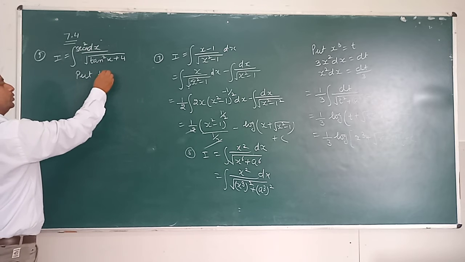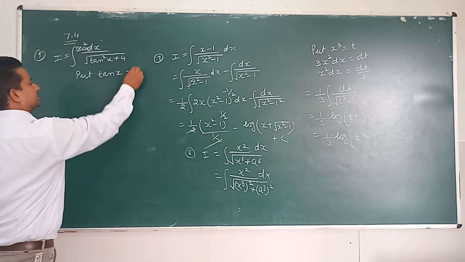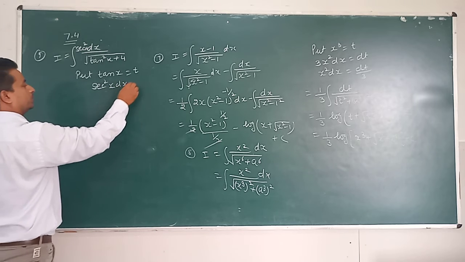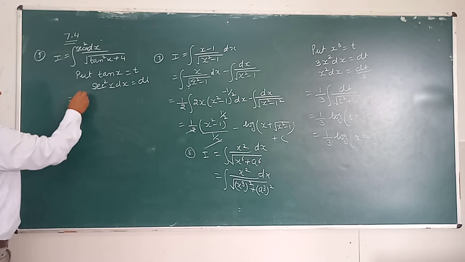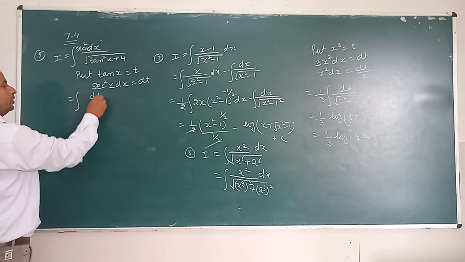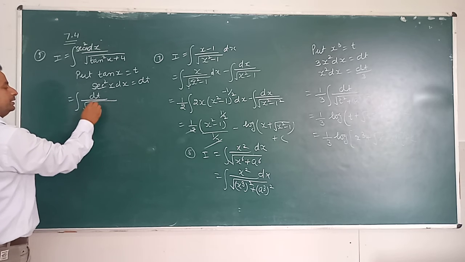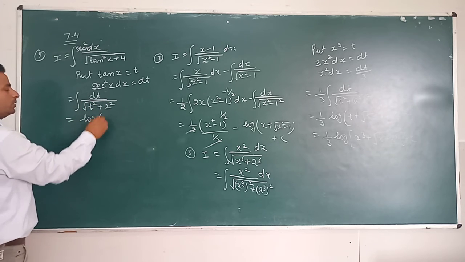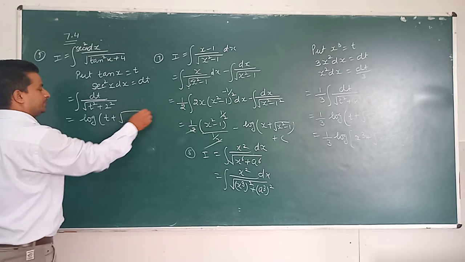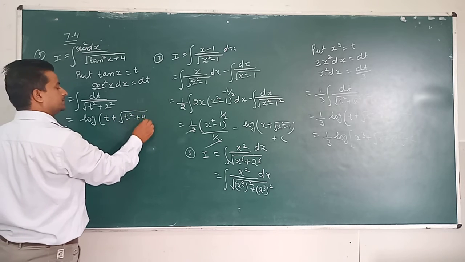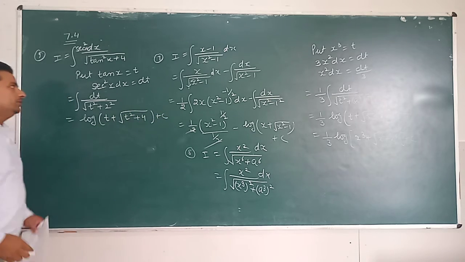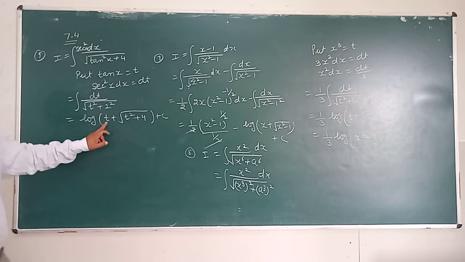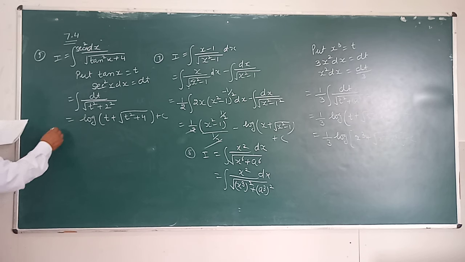So first we put tangent x is equal to t and differentiate this with respect to x. So we have dt upon t square plus 4, write 4 as 2 square. This is the formula of log x plus square root of a square plus x square. Put value of t, which is tan x. So its answer is log tan x plus square root of tan square x plus 4.